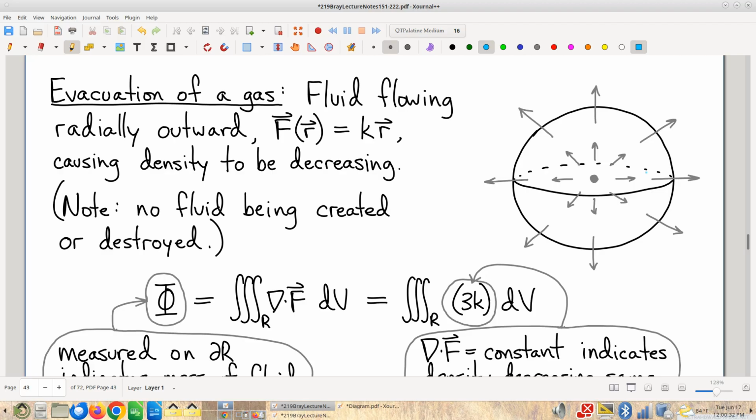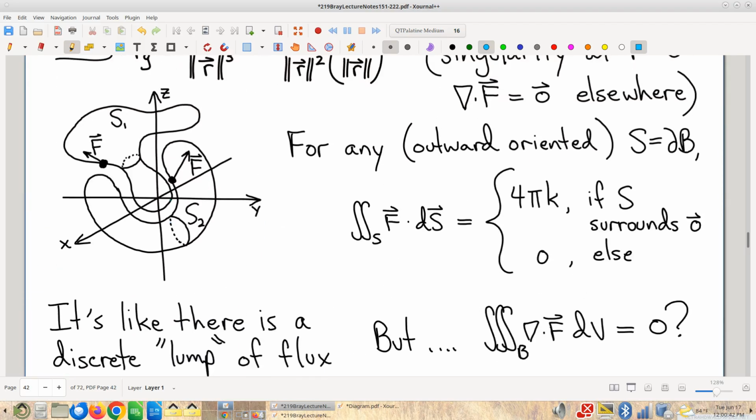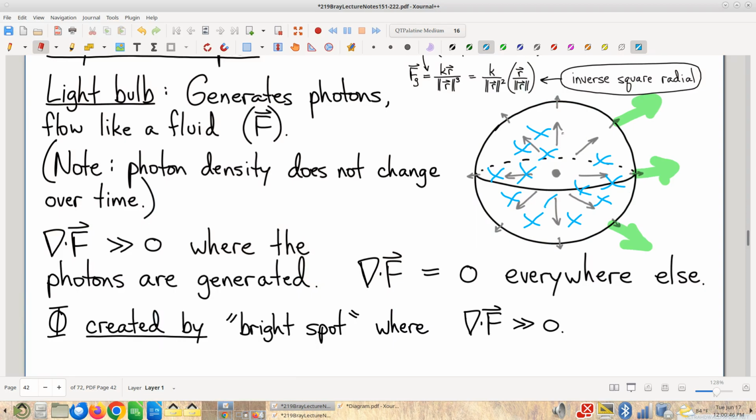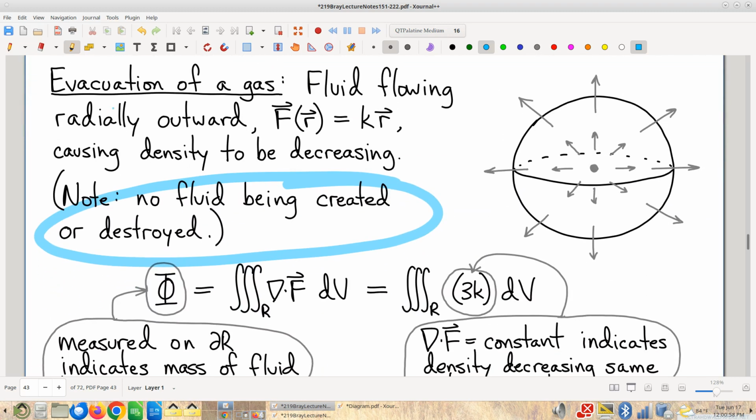Okay, well, if you have a finite amount of gas, then it is not being created or destroyed. That's very different from our previous example here. Light does not work that way. Light is literally being created, so that fluid gets generated. This fluid does not.